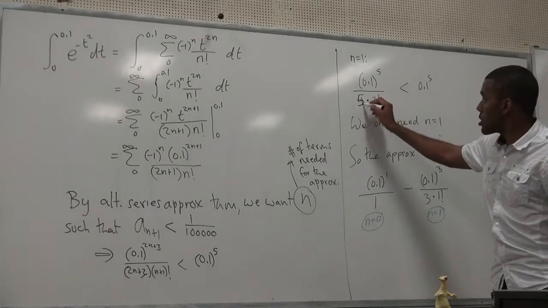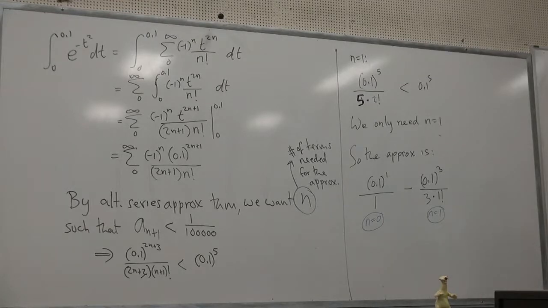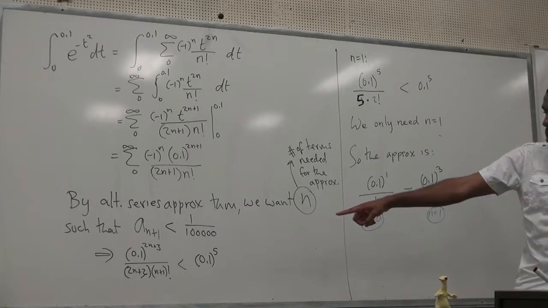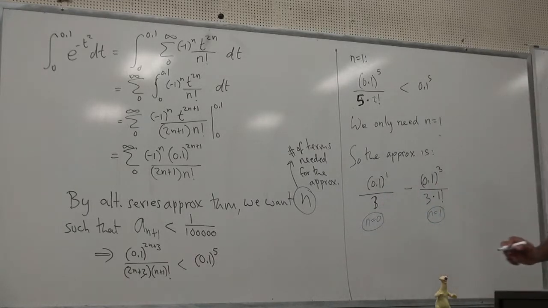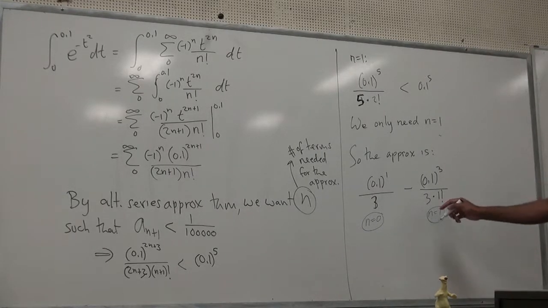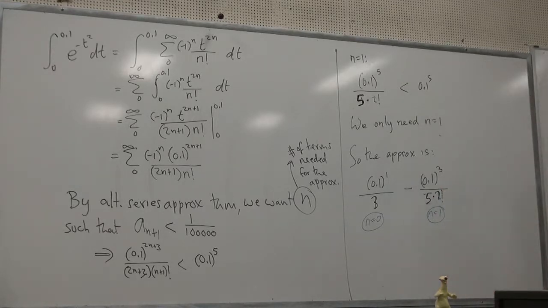Which it still works. Which means that this is a 3 here when n equals 0. And when n equals 1, that would be 5 times 2 factorial. That's it.